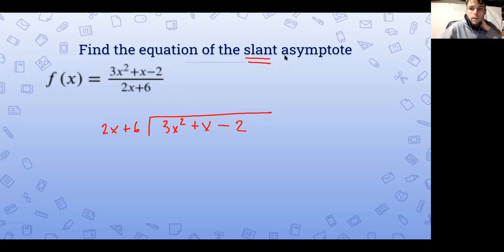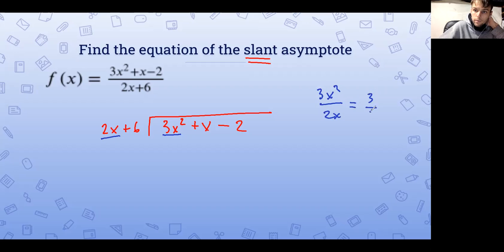All right. I ratio my coefficients. 3x squared over 2x is going to be 3 over 2x. So this is going to be the mx version of the equation of my asymptote.